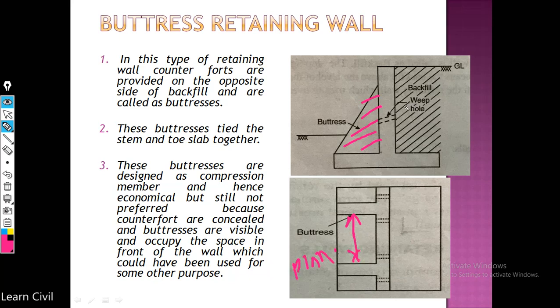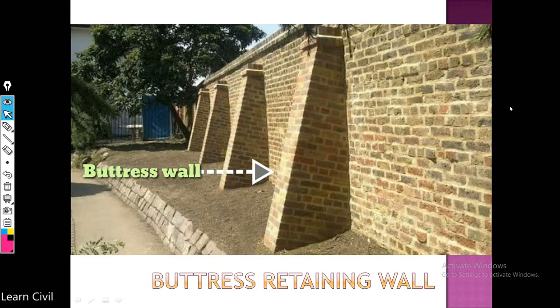These are on the downstream side of your retaining wall, or on the toe portion, and the backfill will be on the opposite side, so it will again increase the stability of the retaining wall. You can again see here some buttresses are provided, and the soil mass is on the other side of this retaining wall, and these buttresses are provided at some particular spacing.